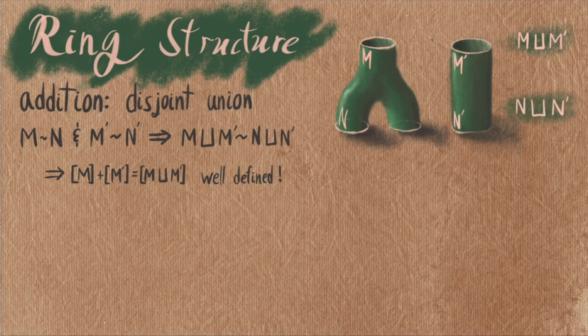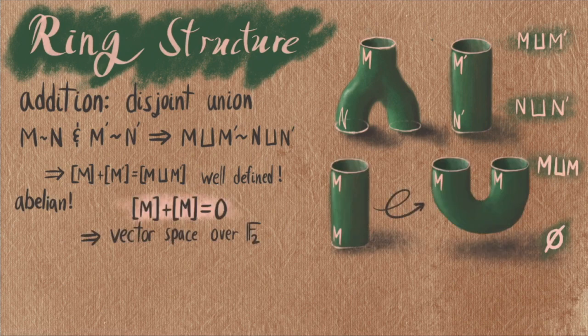So we have a group structure. And in fact, it's abelian, just owing to the fact that disjoint union is an abelian operation. Now, one interesting thing about this is every manifold added to itself is actually equal to 0 as a cobordism class. To see this, take this cobordism of a manifold to itself, and we can look at this from a different perspective.